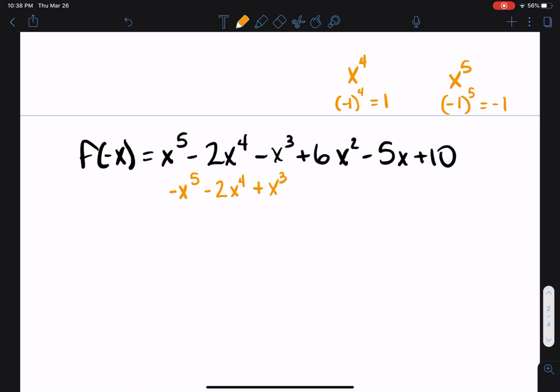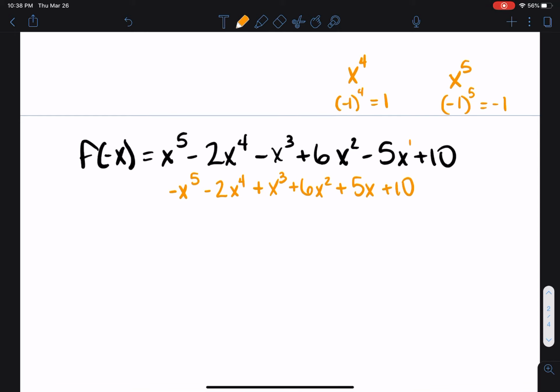Then this is x squared, so x squared is even, so we're going to keep our signs the same. Negative 5x to the first, that's an odd exponent, so I'm going to flip my sign. And then this is to the 0th power, so we're going to keep it.